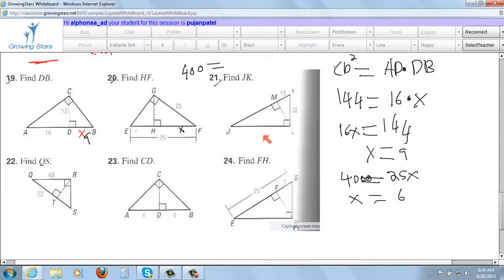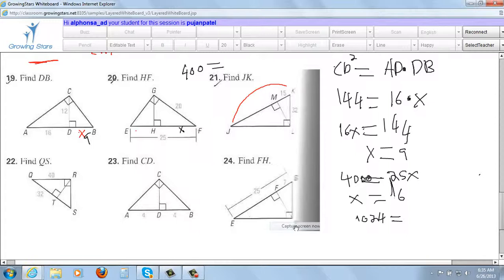Next one. Okay, so find JK. The full length, 32 squared, 32 times 32 equals 1,024, equals 15 times JK.